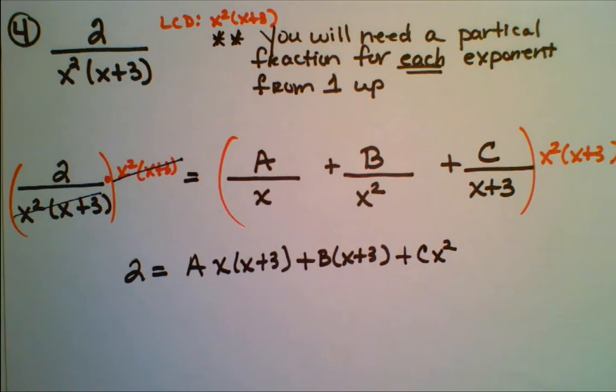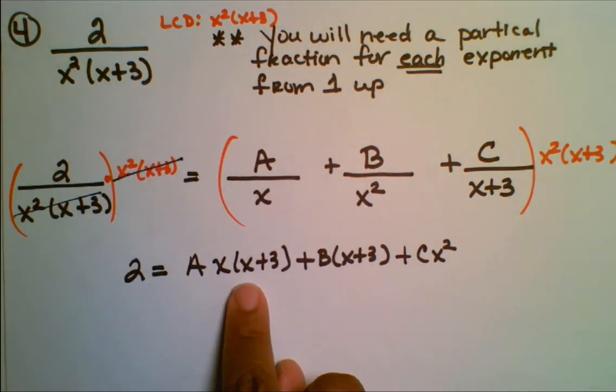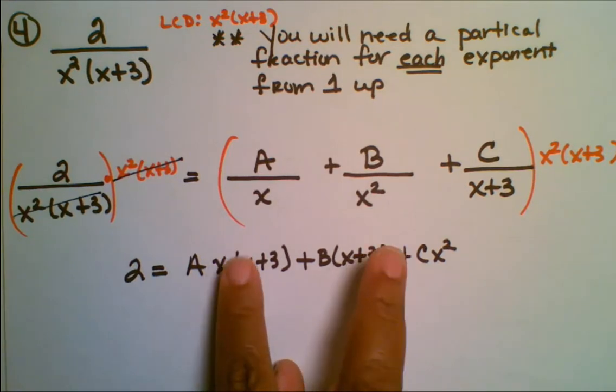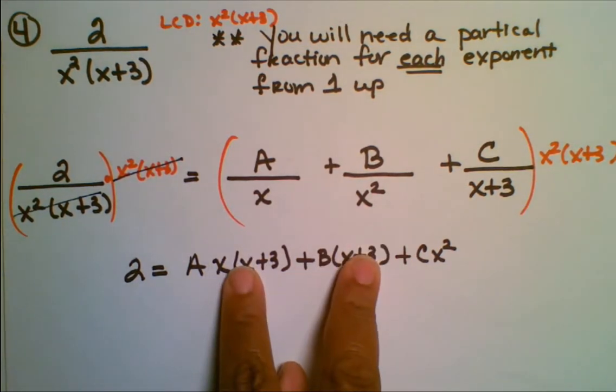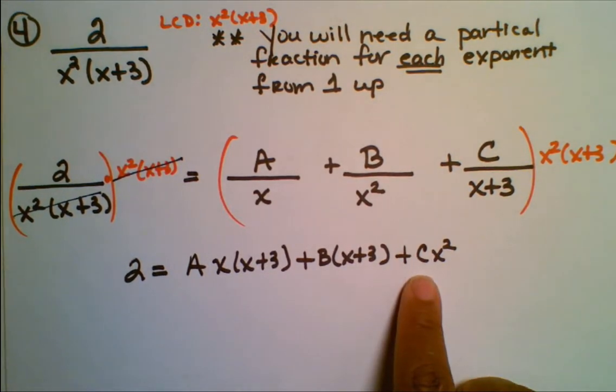Now, this is one of those examples where, as I said in the previous videos, finding the roots or zeros may work, it may not work. For this example, we have a root of -3. It's going to cancel out a and b, and we will find c.